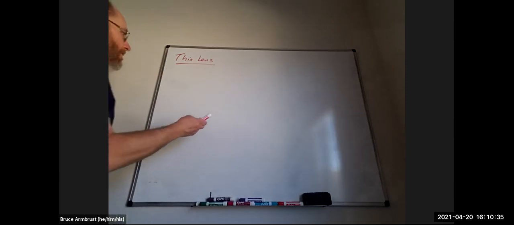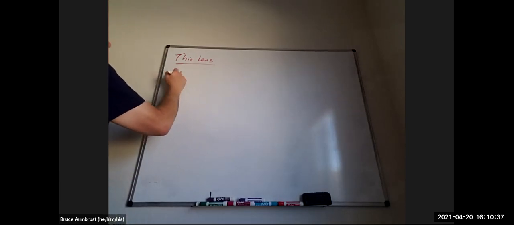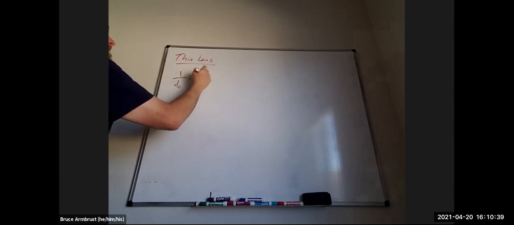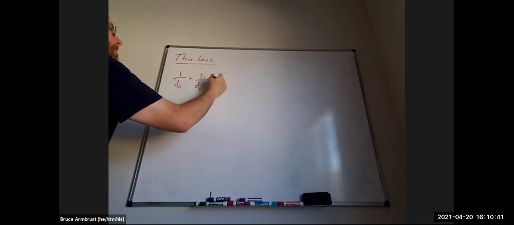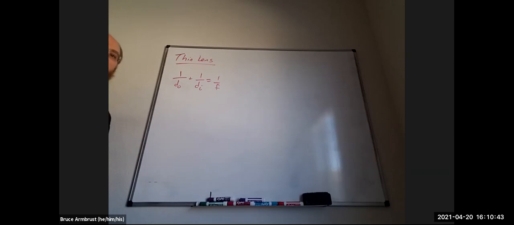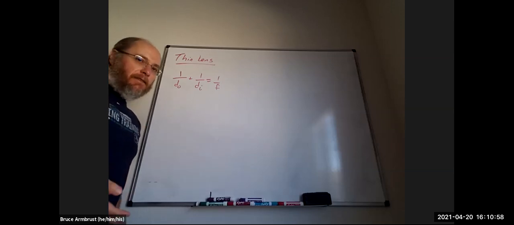But regardless, if we've got a thin lens, what we saw was that we got exactly the same formula as the reflection in the mirrors, right? So we have 1/DO + 1/DI = 1/F. And that F is the focal length of the lens.